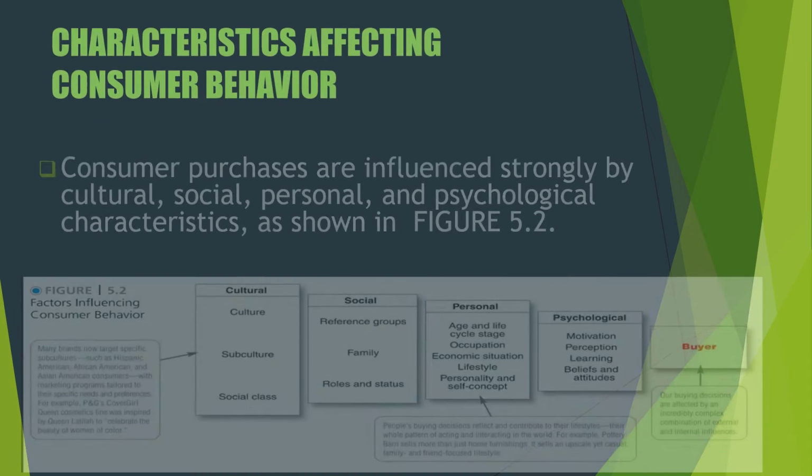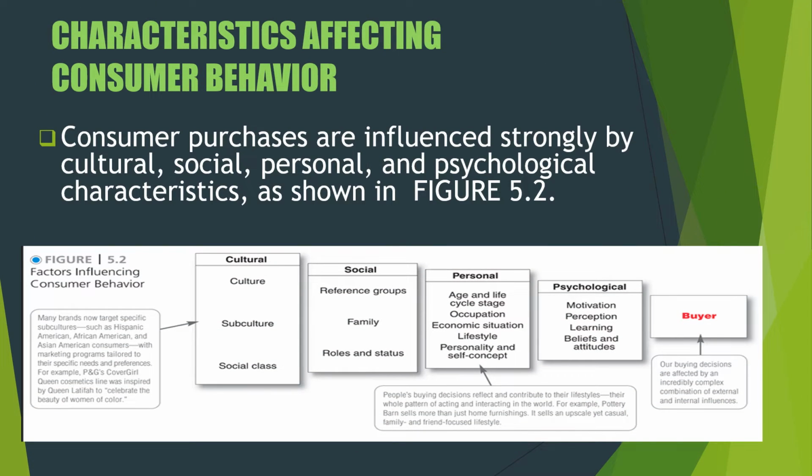Next, let's proceed to characteristics affecting consumer behavior. Consumer purchases are influenced strongly by cultural, social, personal, and psychological characteristics, as shown in Figure 5.2. In affecting consumer buyer behavior, there are four factors: cultural, social, personal, and psychological. In cultural, there are culture, subculture, and social class.